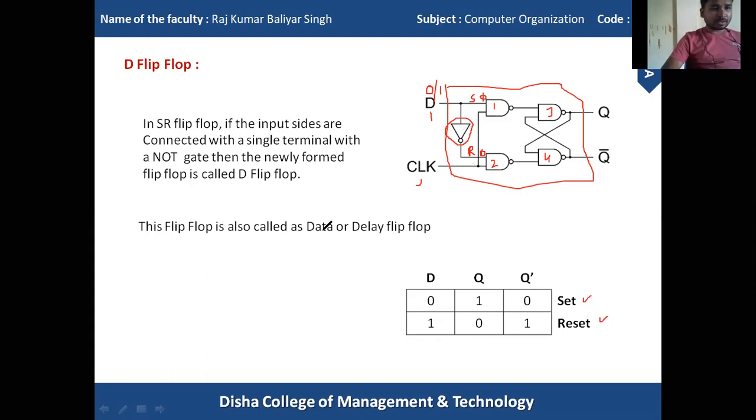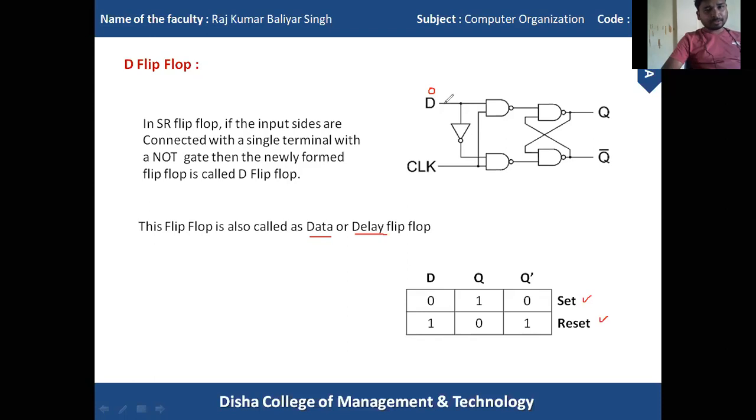This D flip flop is also known as data flip flop or delay flip flop. Why is it called delay flip flop? In D flip flop, we connect the two SR flip flop input terminals into a single one with a NOT gate, so we can supply only 0 and 1.